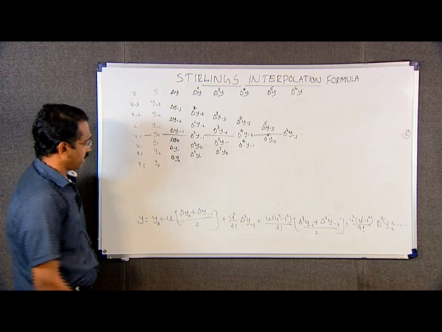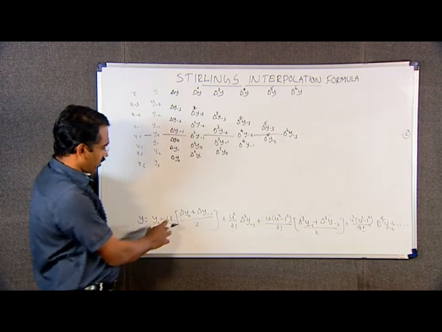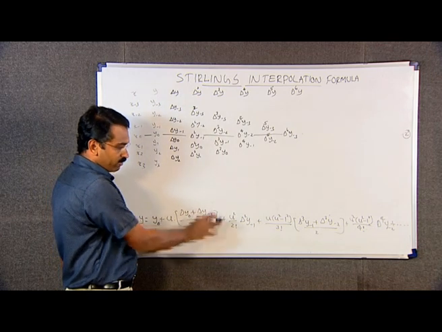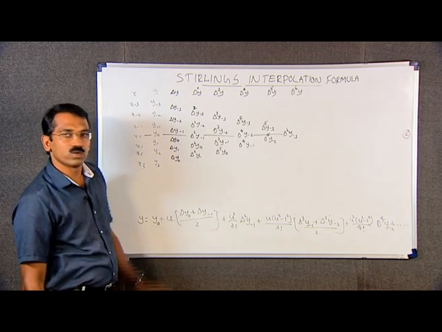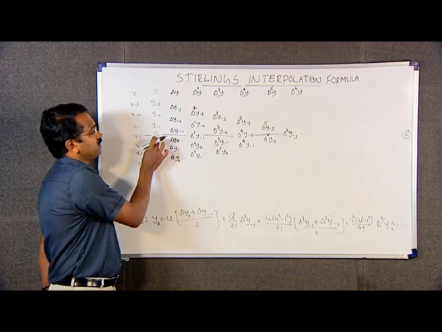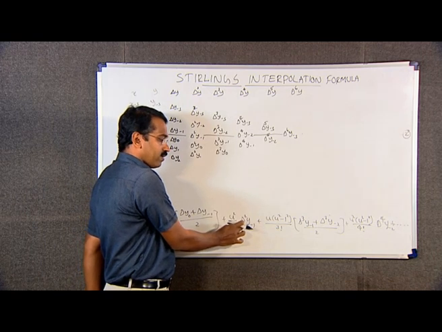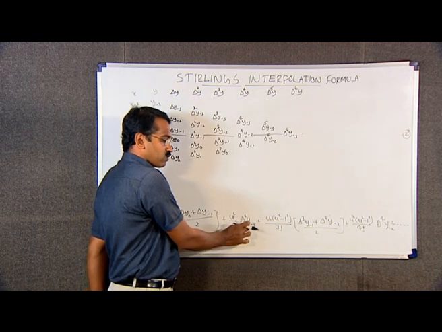Then we can observe the differences involved in this formula, the even order differences and the odd order differences. The first term is y naught, which is here, and the even order difference delta square y minus 1.